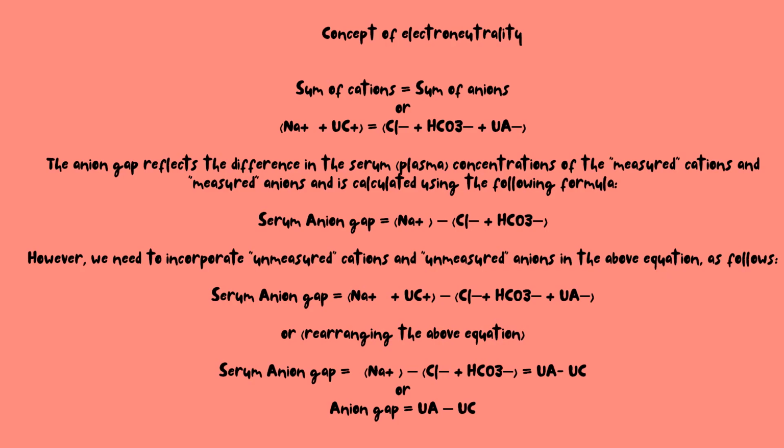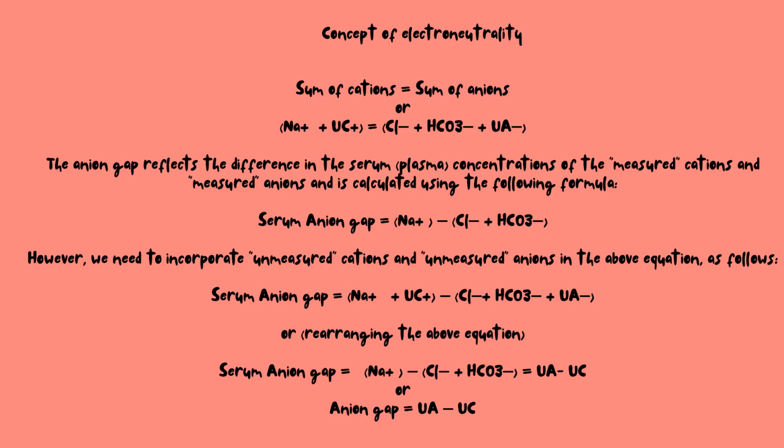Thus, the anion gap reflects the difference between the measured cations minus the measured anions. We then incorporate the unmeasured elements into the formula and it's rearranged as shown here.